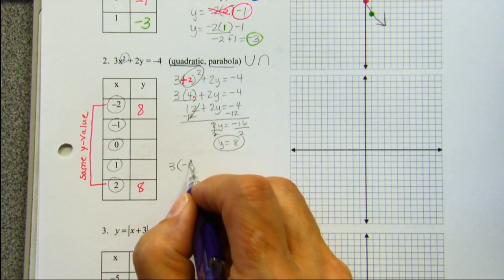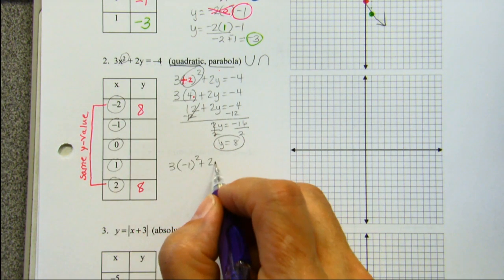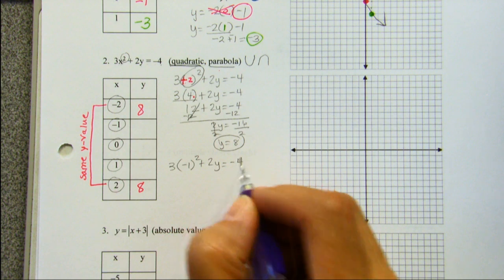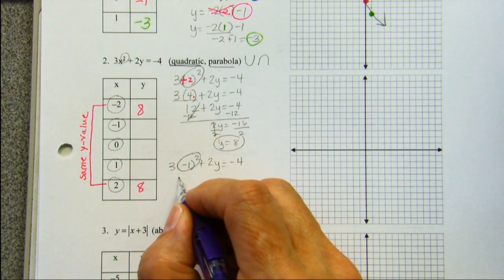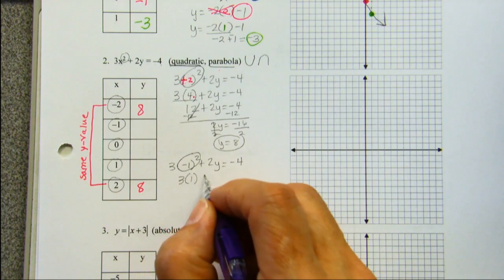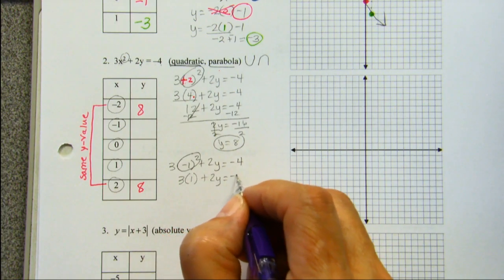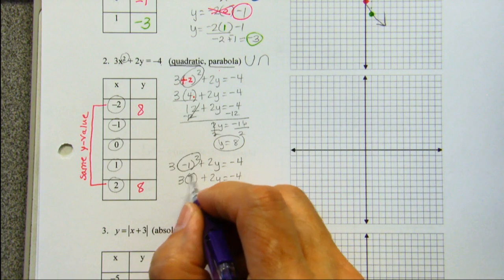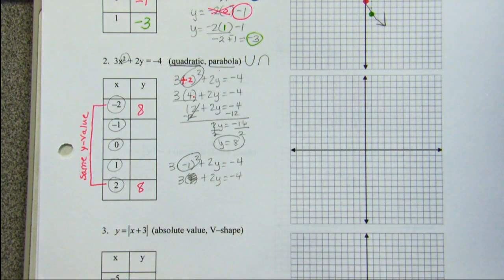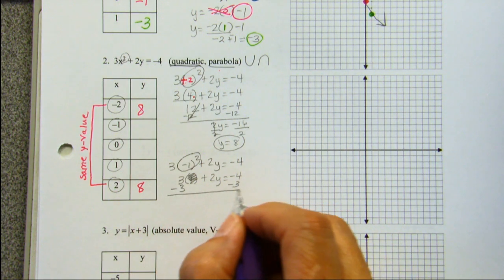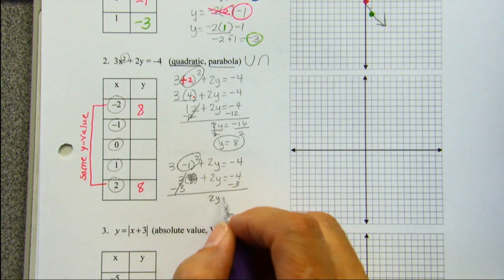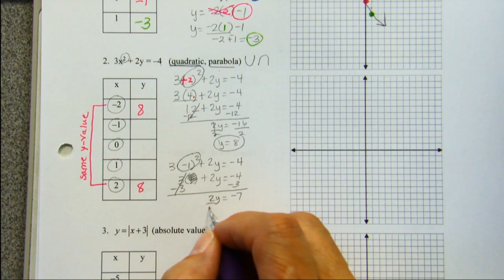3 times negative 1 squared plus 2y equals negative 4. Negative 1 squared is 1. 3 times 1 plus 2y equals negative 4. 3 times 1 is just a 3. Subtract 3 on both sides. 2y equals negative 7.